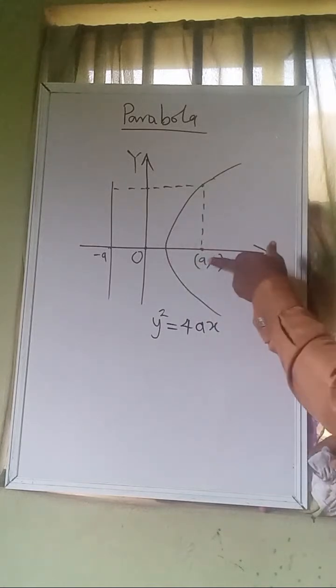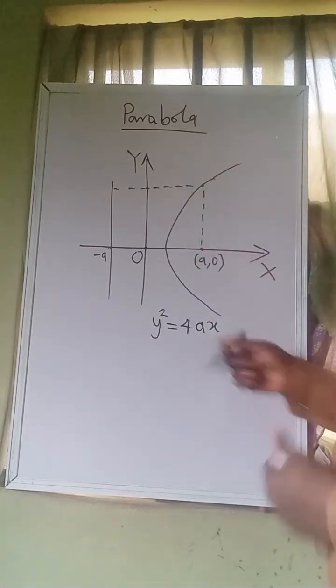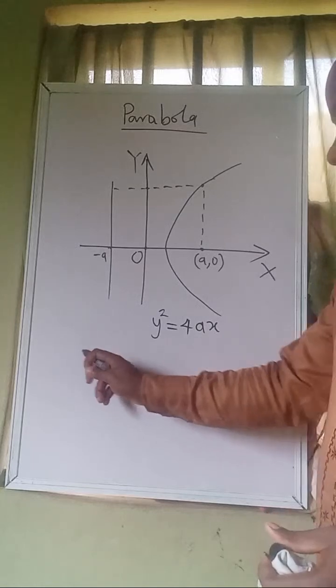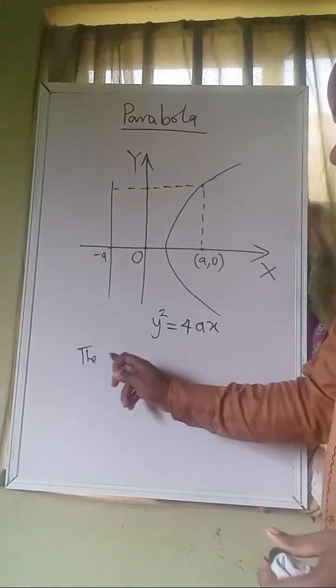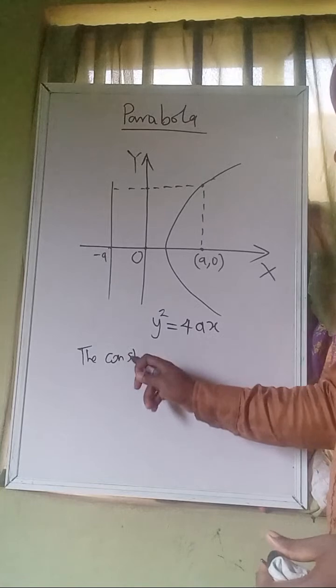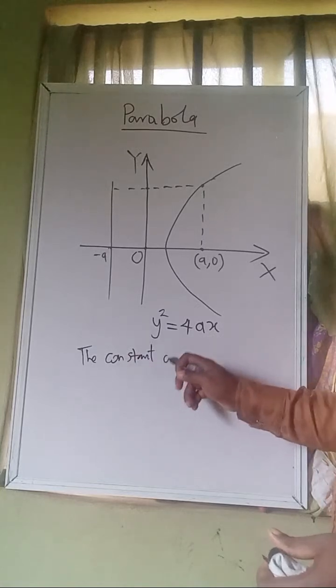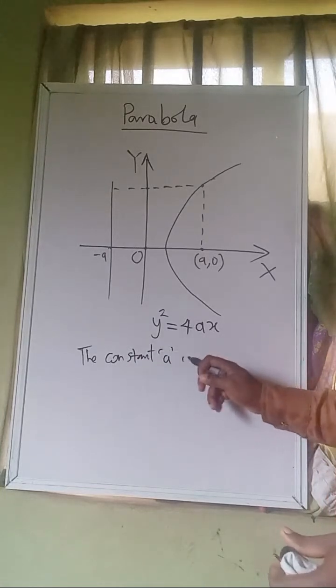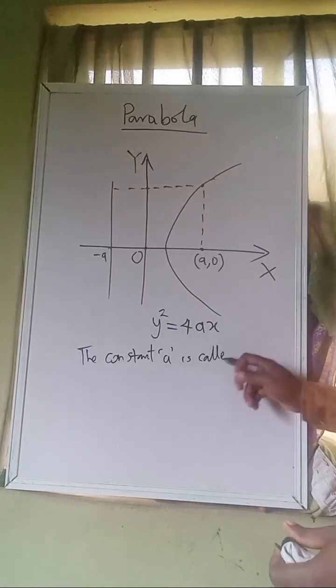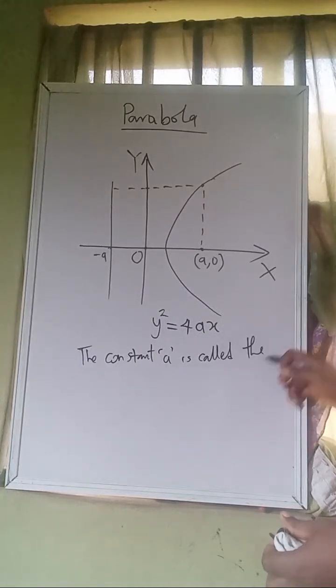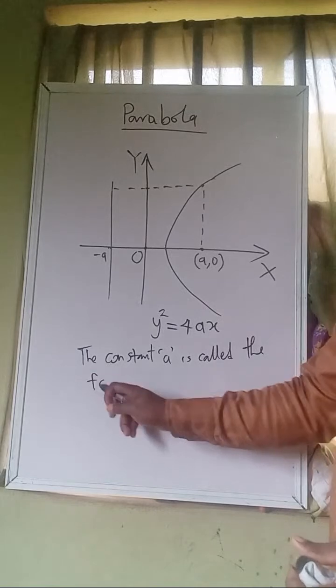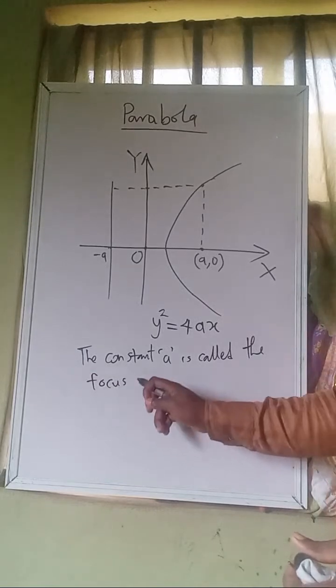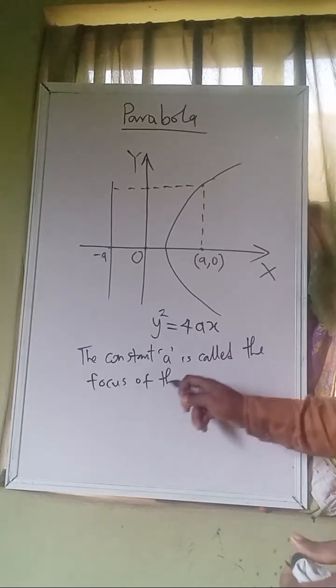Okay, so this constant a, the constant a is called the focus of the parabola.